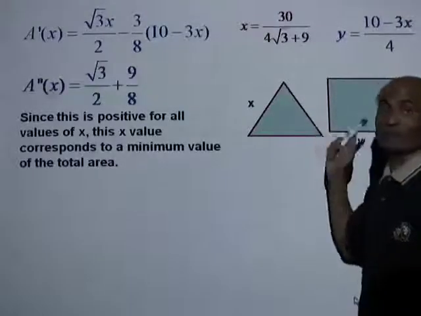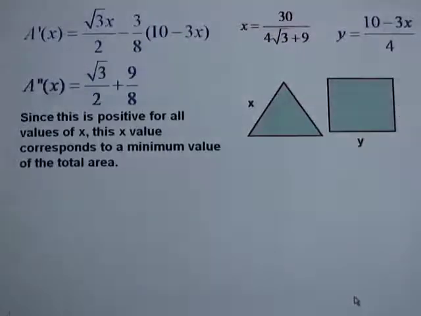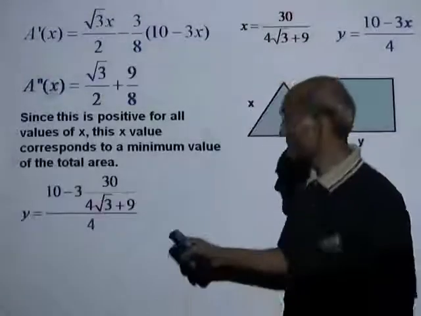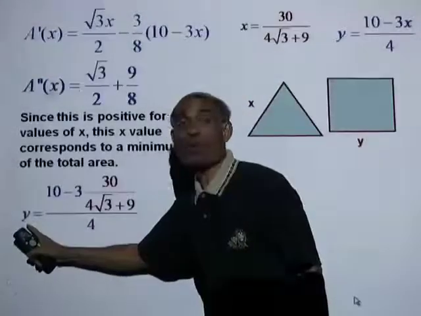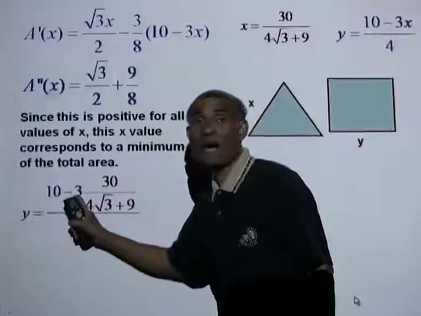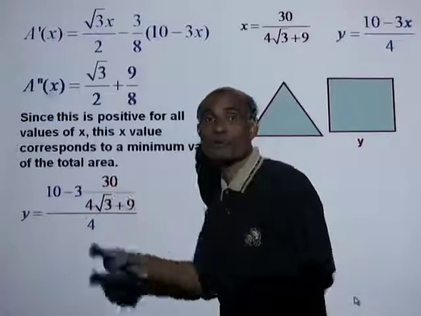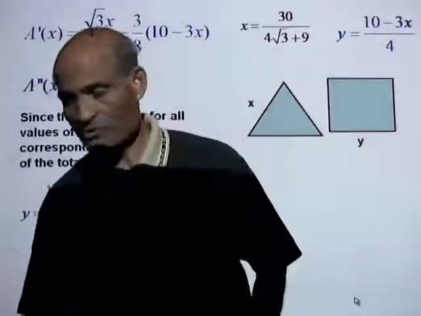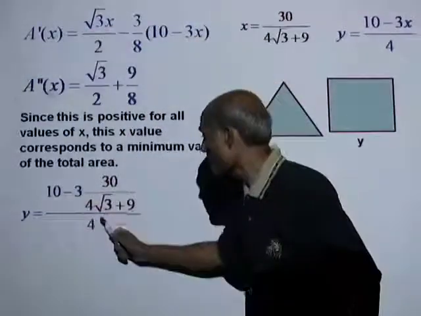How about y? We need also to find the value of y. Well, we have a relation between x and y, is that right? Well, we know that y equal to (10 minus 3x) divided by 4.